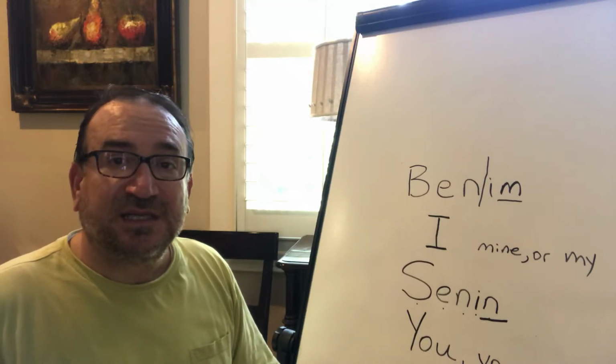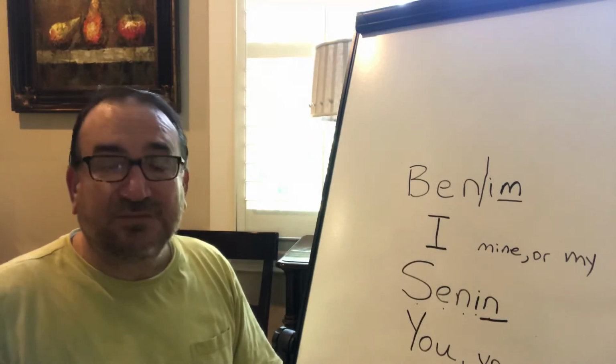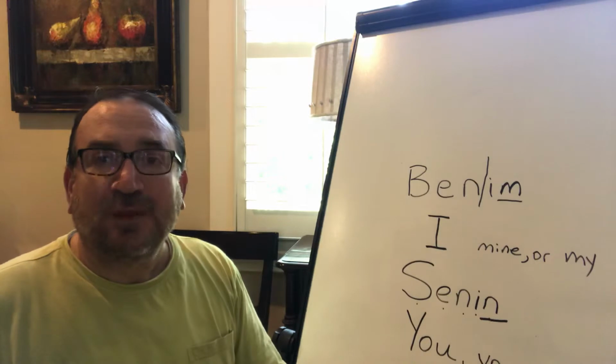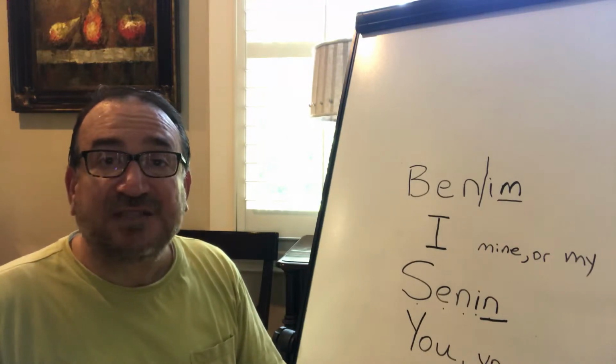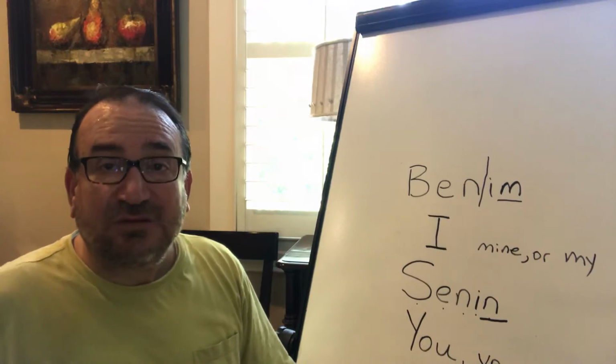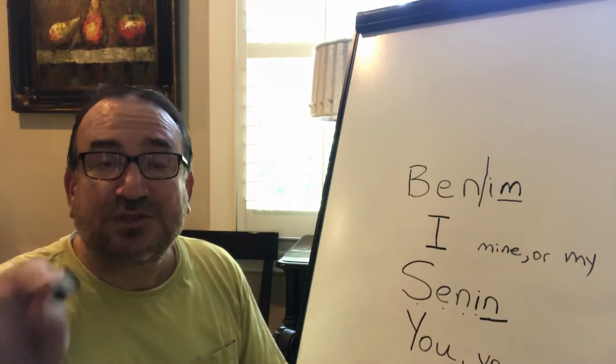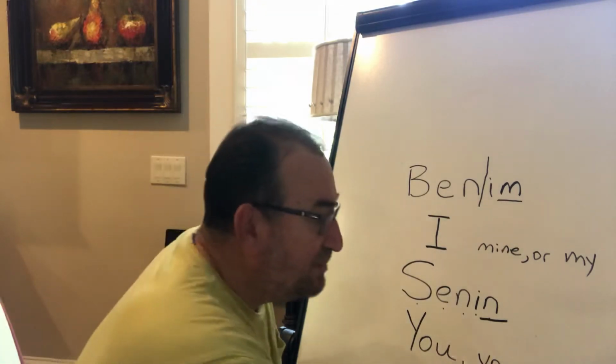Or if somebody asks, or you come to me and ask, whose car is that outside, which you haven't seen, and I know it's your car, I say senin. It belongs to you. So the meaning is yours.